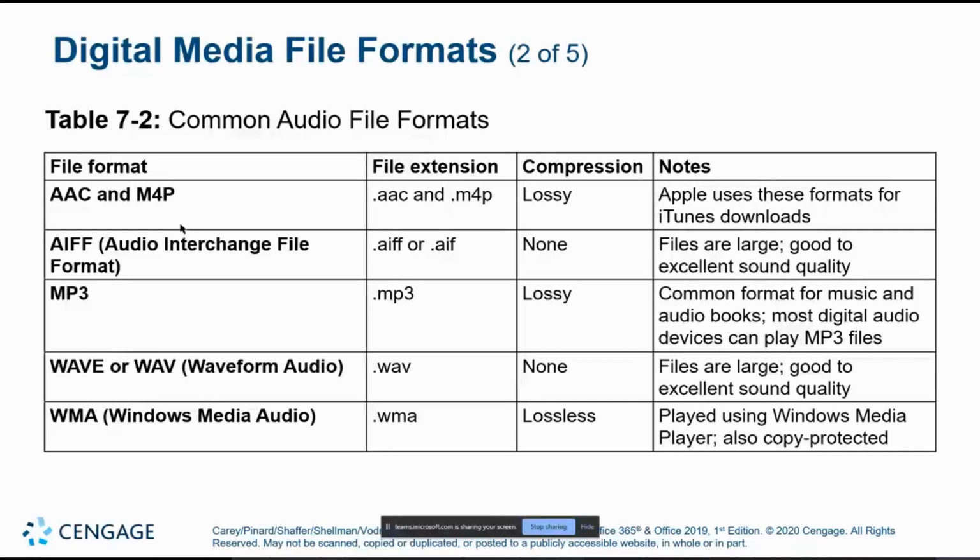WAVE, which is spelled either with or without an E. This is an uncompressed audio format, generally very high quality, but huge file size. Good for sound bites and some quick voice clips, though I tend to use an alternative to WAVE that is a lossless and compressed format.